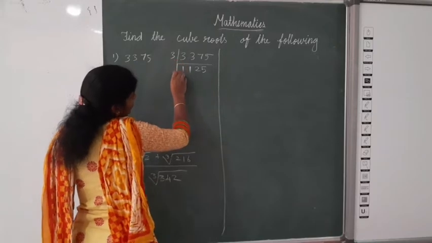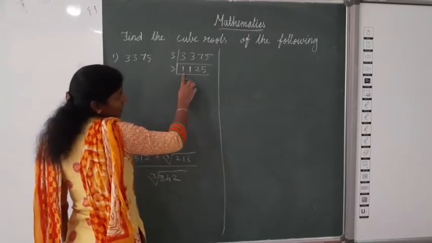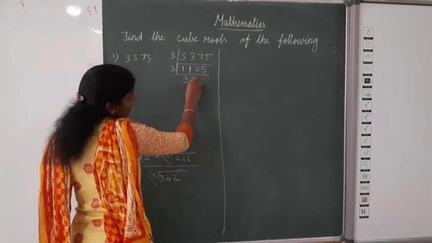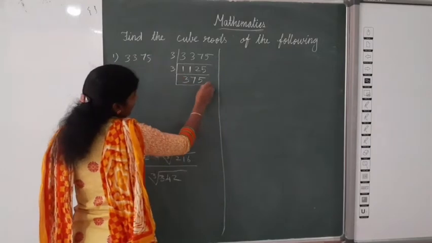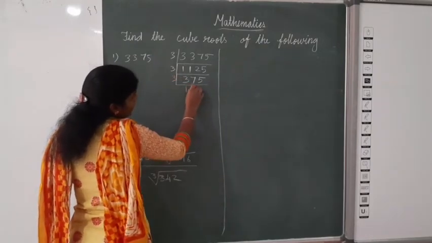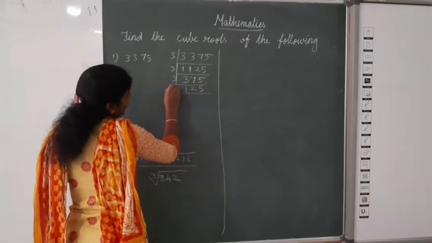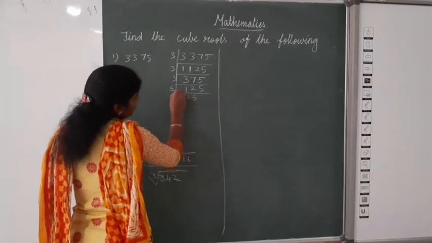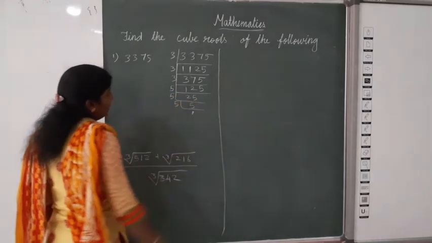Yes, this is divisible by 3. 3 3s are 9, 2 balance. 22, 7 3s are 21, 5 3s are 15. Again 3 table. 1 3 is 3, 2 3s are 6, 5 3s are 15. Then 5 table, 2 5s are 10, 5 5s are 25, 5 table, 5 5s are 25, 5 table 1.